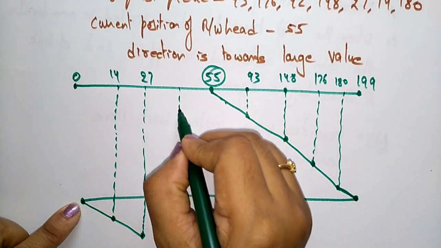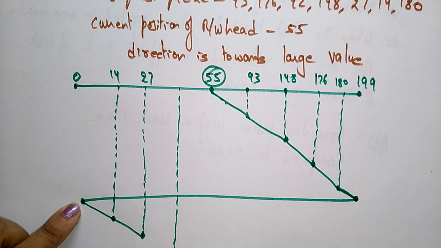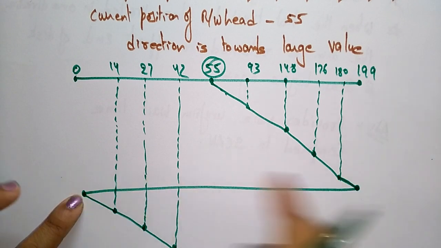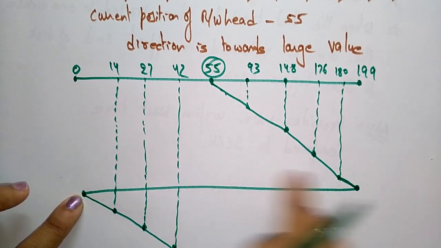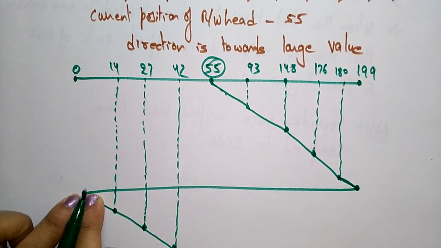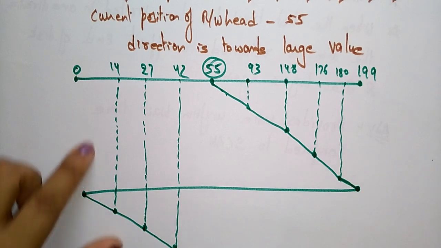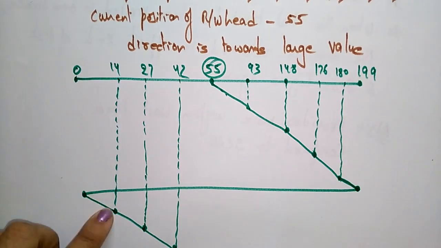Next, 42. So this is a circular scan. The only difference is that instead of moving backward, we just move to the opposite end. You reach 0 and again check whether any track is unvisited.